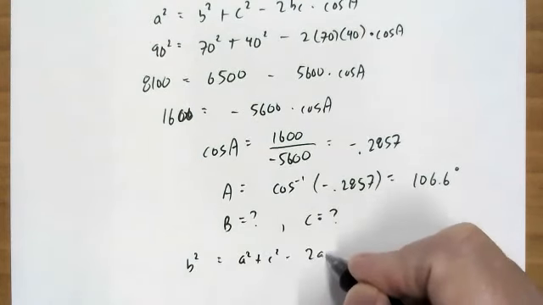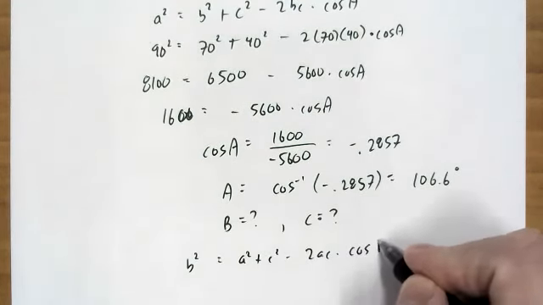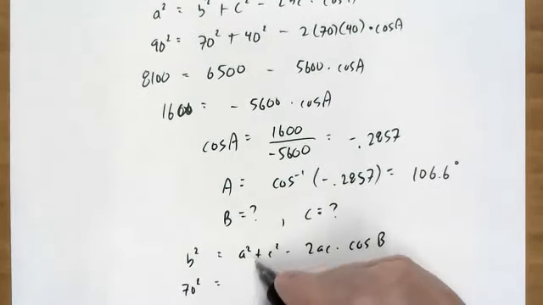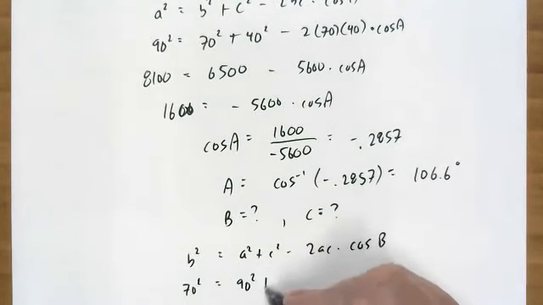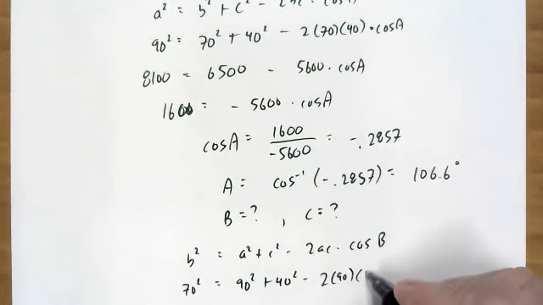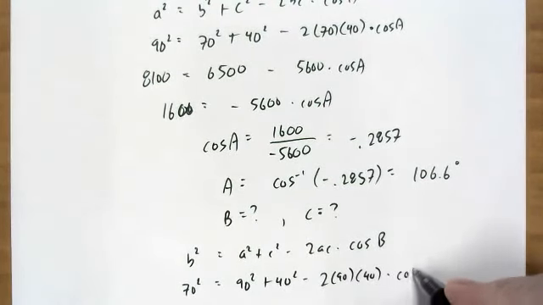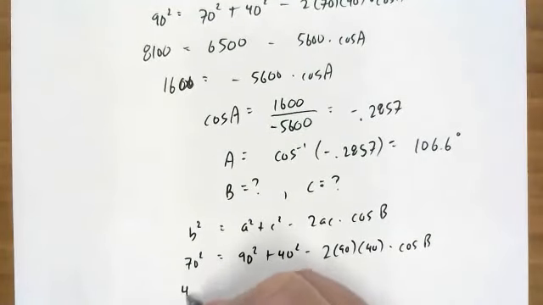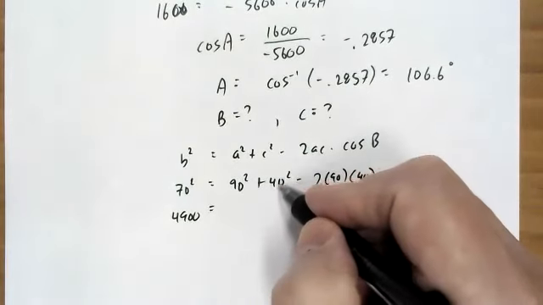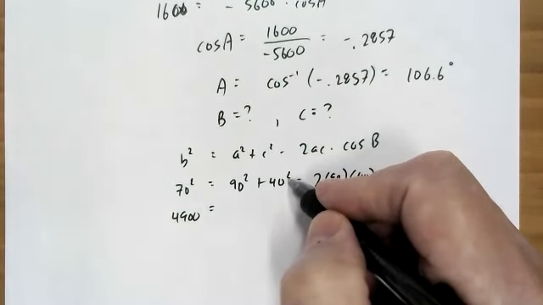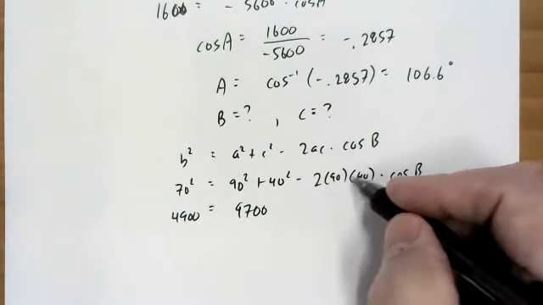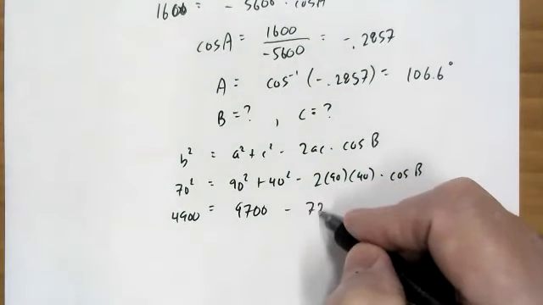So here's the law of cosines to find angle B. So once again, plug in the numbers where they belong. So this is like 4,900 equals 8,100 plus 1,600. 9,700, this is 7,200.